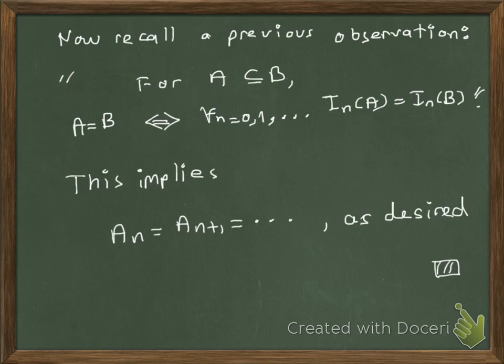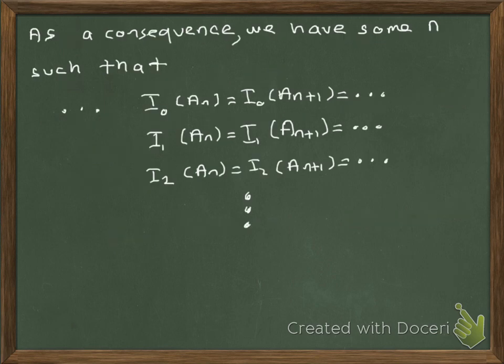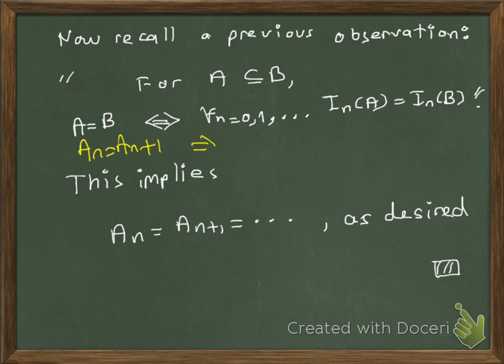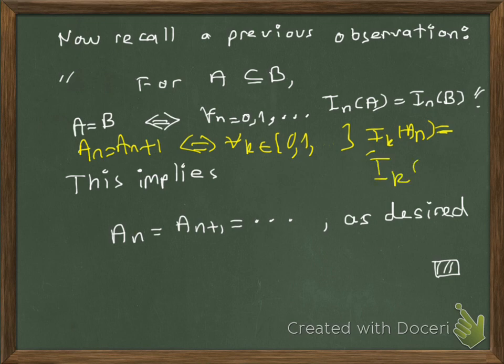If you recall the previous observation that says, in this situation, let's say a_n is equal to a_{n+1}, if all the I_k's of these are the same. But this is what this picture tells us, right?